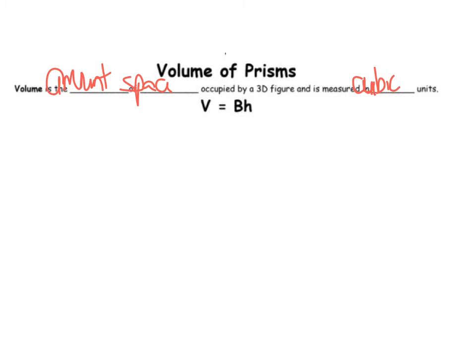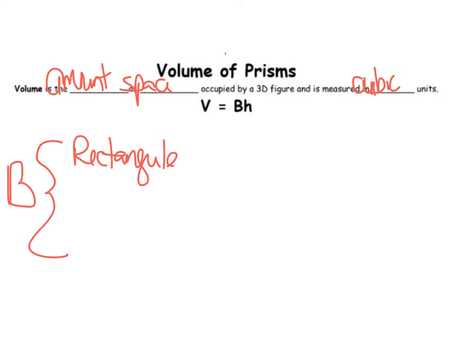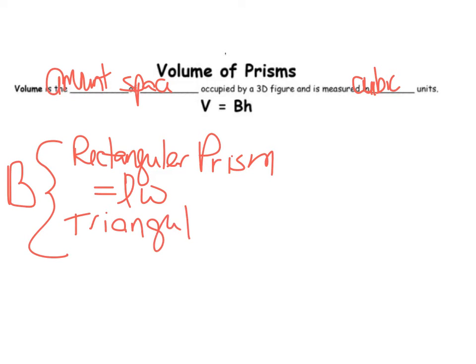So basically, when you're looking at capital B, you are either looking if it's a rectangular prism, you are looking at capital B to equal length and width. And we're going to go with length and width because then you get confused. If it was a triangular prism, that's going to be half of the base and height of the triangle.